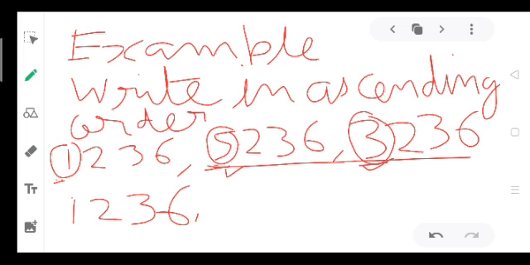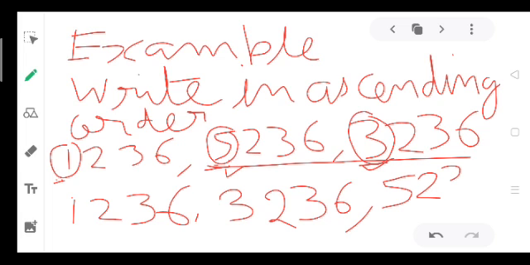So whose 1000 is smaller? 3000. So we will write next 3236. What remains last? Only 5000. So we will write this biggest number at the end, 5236.